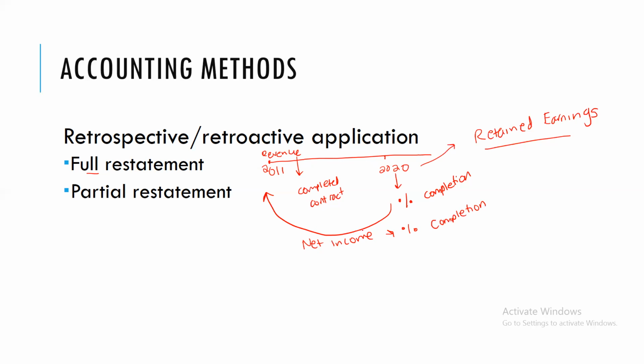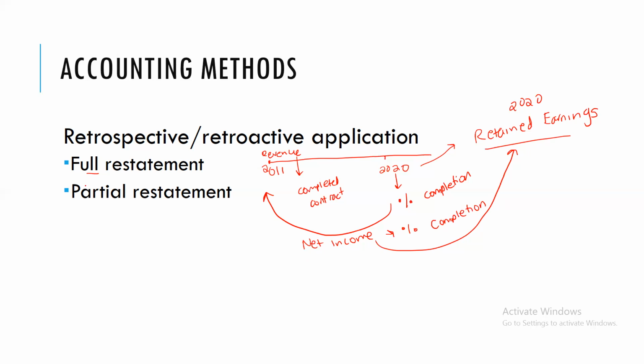And whatever the total net income for all of those years would be, you would have to change retained earnings in 2020 to reflect that. So you're pretending that this whole time I was using the percentage completion method, and if I was, what would my net income look like each year, which results in what my retained earnings would look like in 2020.